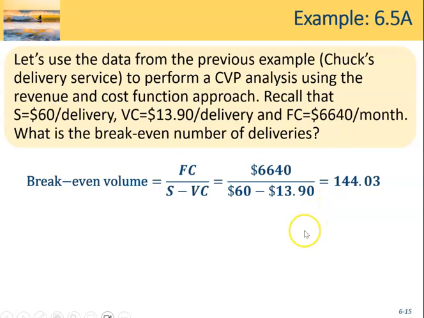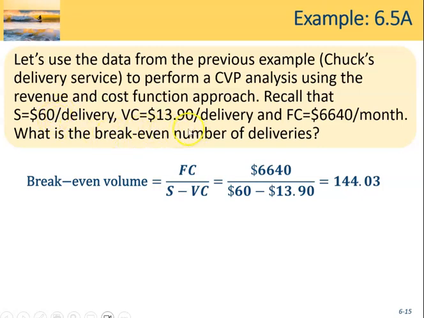Let's try this one. So we've got the information from Chuck's delivery service that we talked about earlier, in the first video. We want to recall that we decided that our selling price per delivery is $60.